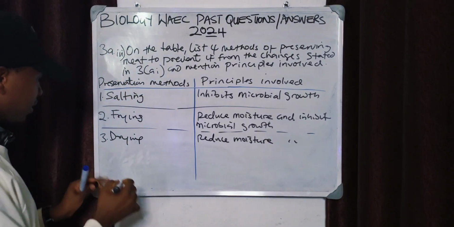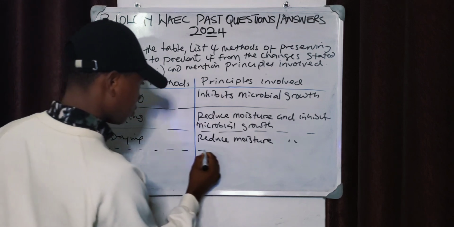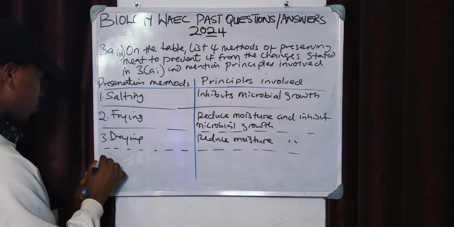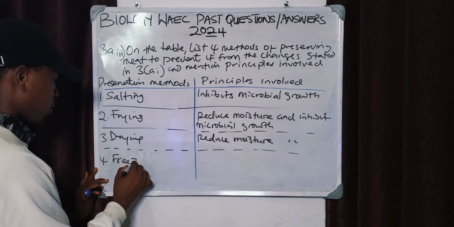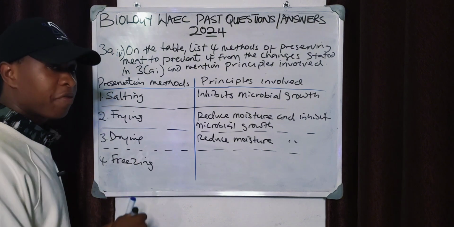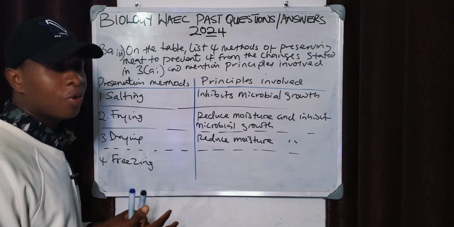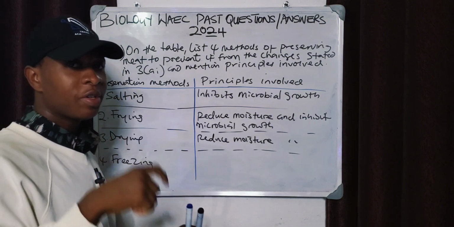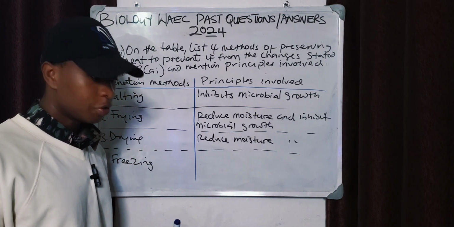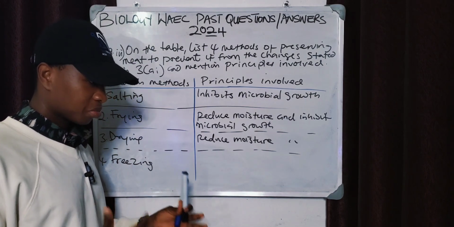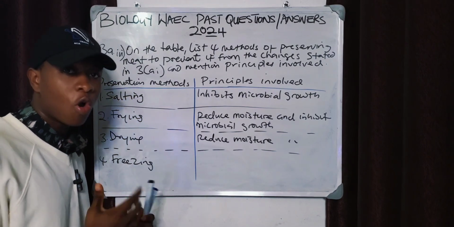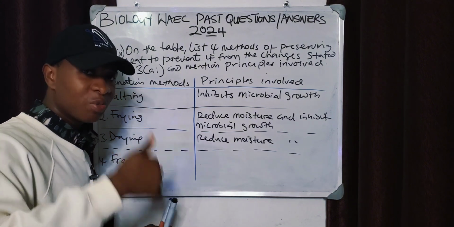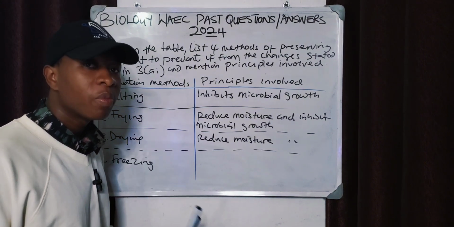Now we also have freezing. Freezing, number 4. So when you refrigerate the meat, what it does is that it reduces the rate of metabolism. It reduces the rate at which some reactions occur. Okay, remember, heat will speed up some reactions.